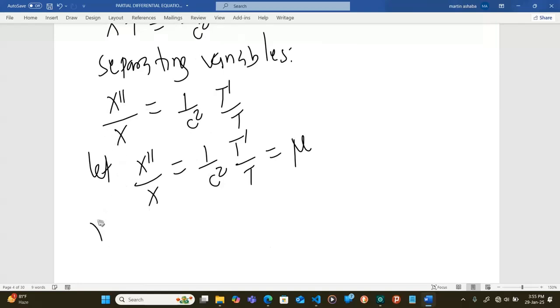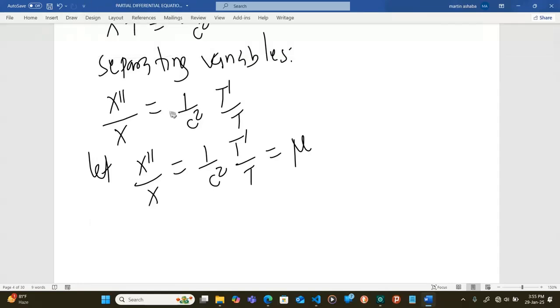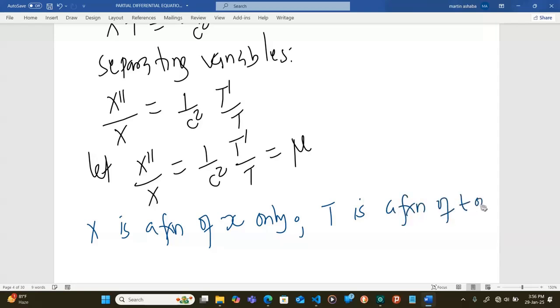First of all, I'm going to make an assumption here. We are saying that X is a function of x only and T is a function of t only. So since this side has only x and this side has only t, and remember c is a constant, then obviously nu is going to be a constant.